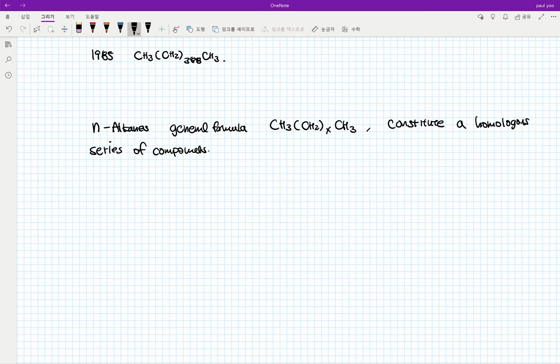A homologous series is one in which successive members differ by a CH2 group.